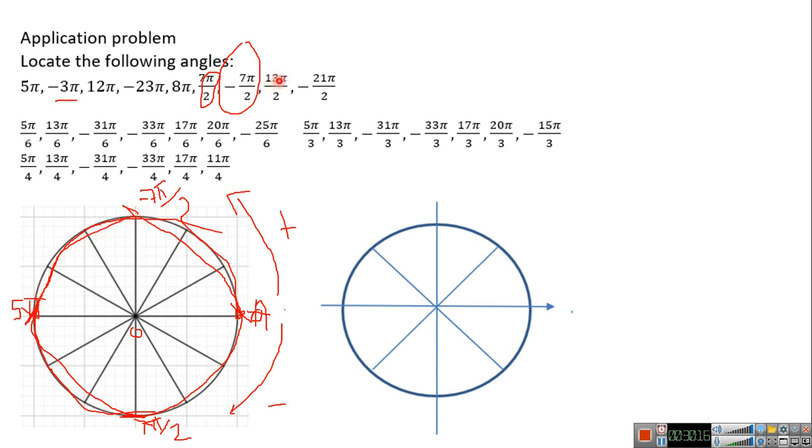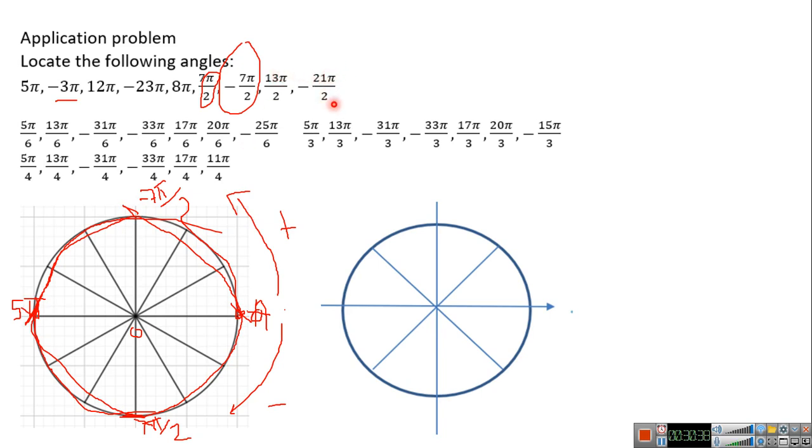I want 13 90s. I know a circle is 4 90s, 4 pi over 2. Another 4 is 8 pi over 2. Another 4, 12 pi over 2. Then what remains from 13 is 1 pi over 2. It's here. So 13 pi over 2 is this point here. I want minus 21 pi over 2.